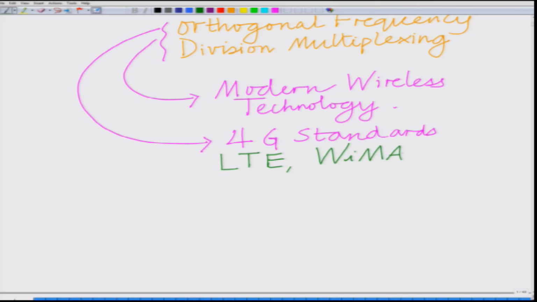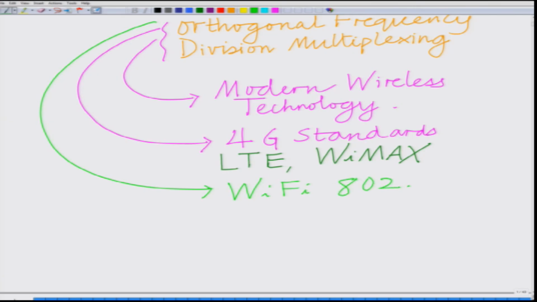It's used in the WiMAX standard and also in Wi-Fi standards, for instance 802.11n, 802.11ac and so on. So, OFDM is a very powerful and important technology because of its wide applicability in the modern 4G wireless standards as well as the Wi-Fi standard.